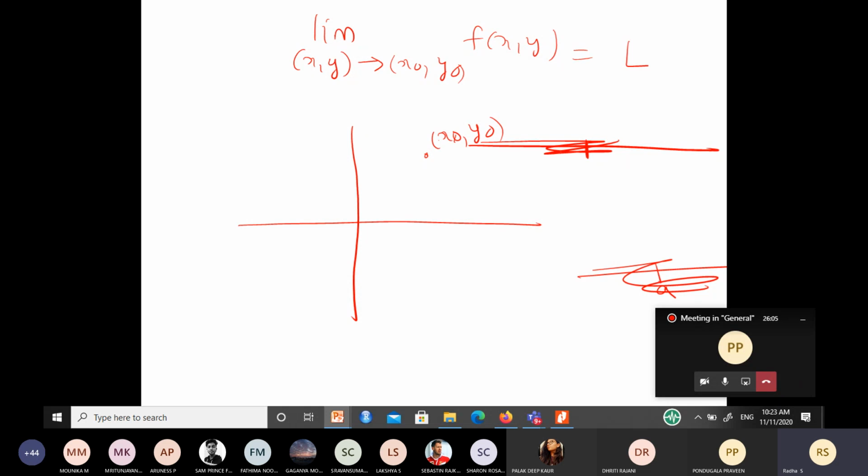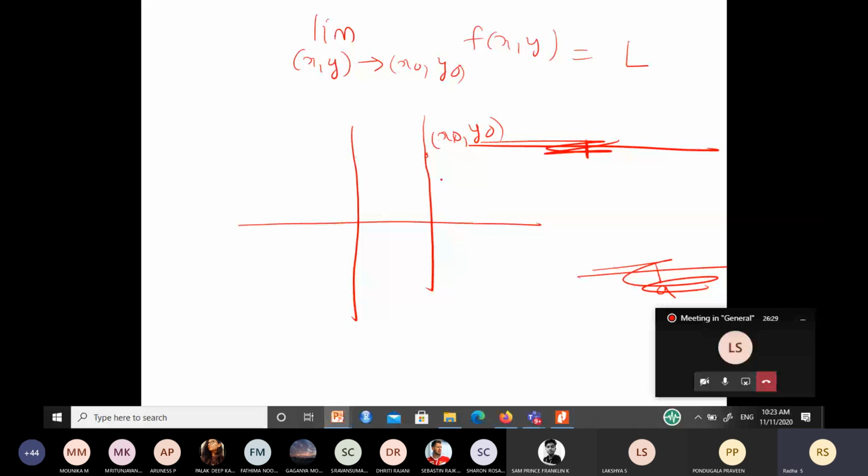Tell me. Along which curves, if you proceed, you can approach. Parabola. Very simple. Shall we approach through this line?